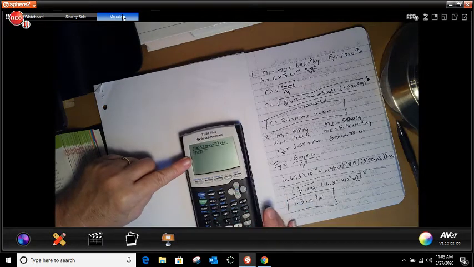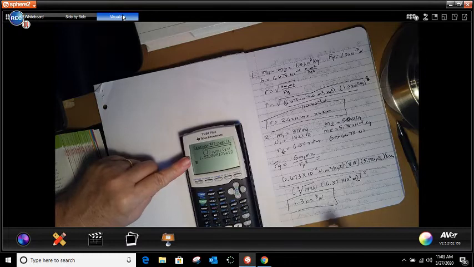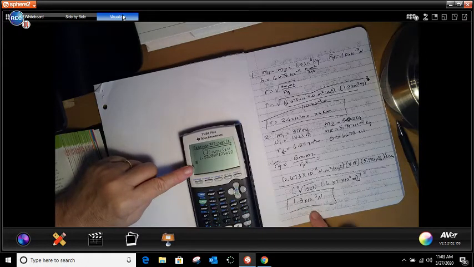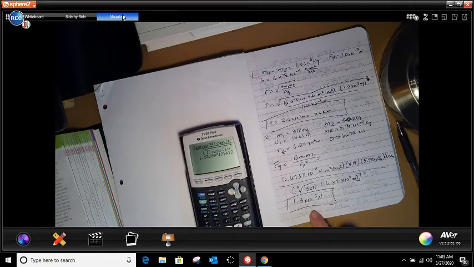Open my bracket, 6.37 times 10, and that's caret to the 6th over, close, close, and square. And I get 1.5 times 10 to the 12th power.